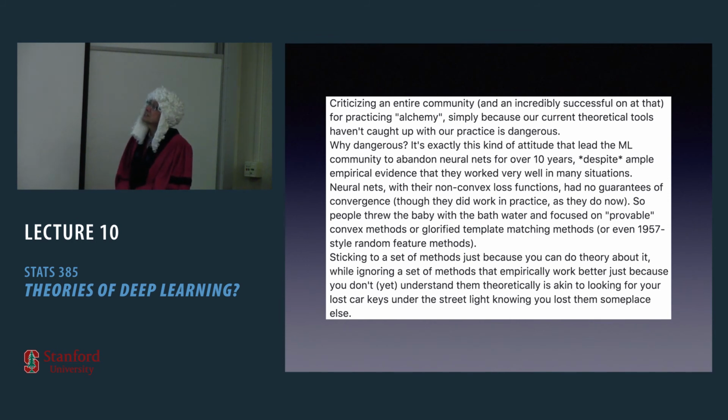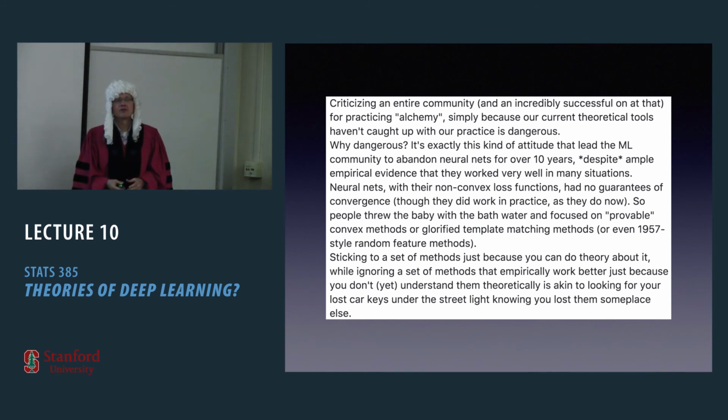Why dangerous? It's exactly this kind of attitude that led the ML community to abandon neural nets for over 10 years, despite ample empirical evidence that they work very well in many situations. So he's speaking here about the fact that neural nets, say from 1998 until about 2008, were eclipsed by SVM in various ways.